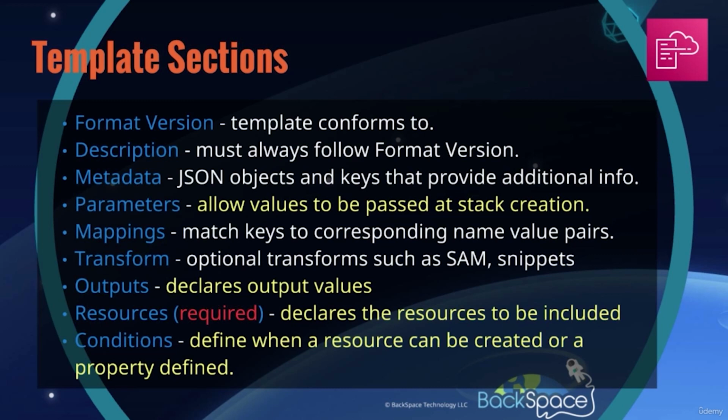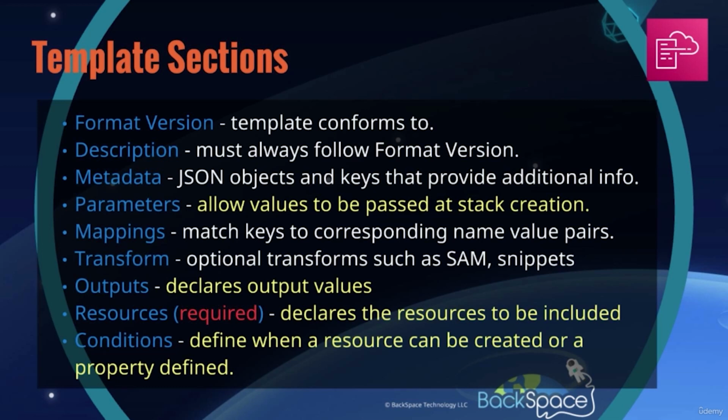Parameters are very useful if other people are going to be using your CloudFormation template. What you can do is define parameters so that when the stack is being created, before it is created, the CloudFormation service can prompt the person that is deploying that template for parameters.